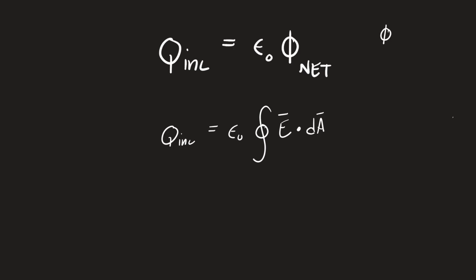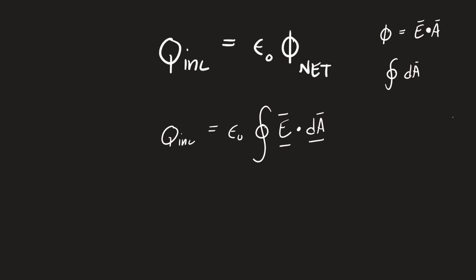We said that flux is equal to E times A using the dot product, but we also indicated that if we wanted to deal with a fully bounded surface, we would have to integrate over the entire area. If the flux is not the same over every piece of area, then we would have to find the electric field on every piece of area, take into account the angle between the electric field and that piece of area, and then sum up over the entire area of the surface. That's what all of those pieces mean.